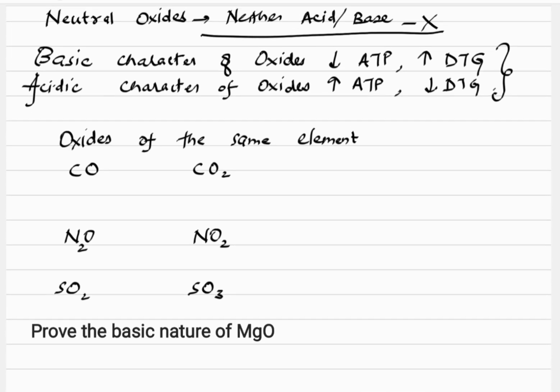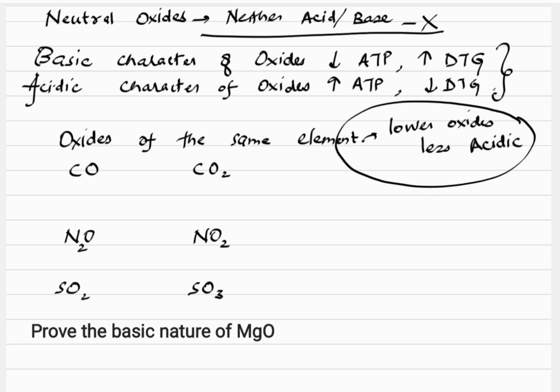Now, when we compare oxides of the same element, it is seen that lower oxides tend to be less acidic than higher oxides. Higher oxide would be acidic and lower oxide can even be neutral, or in some cases, it can even be basic. So here there are some examples.